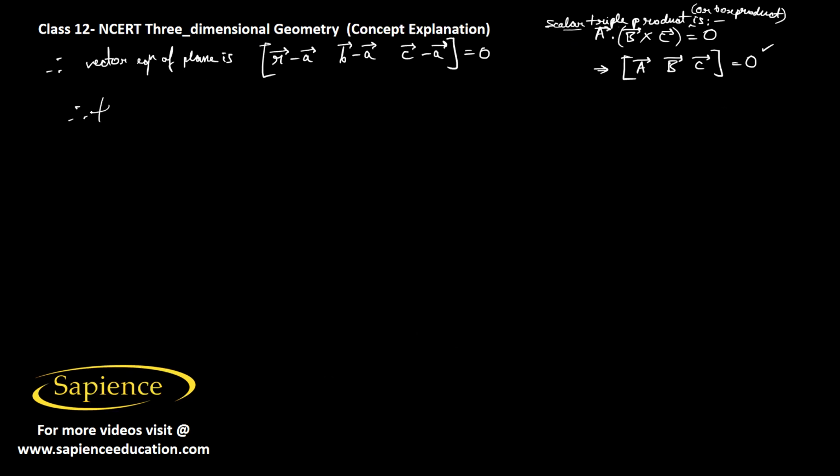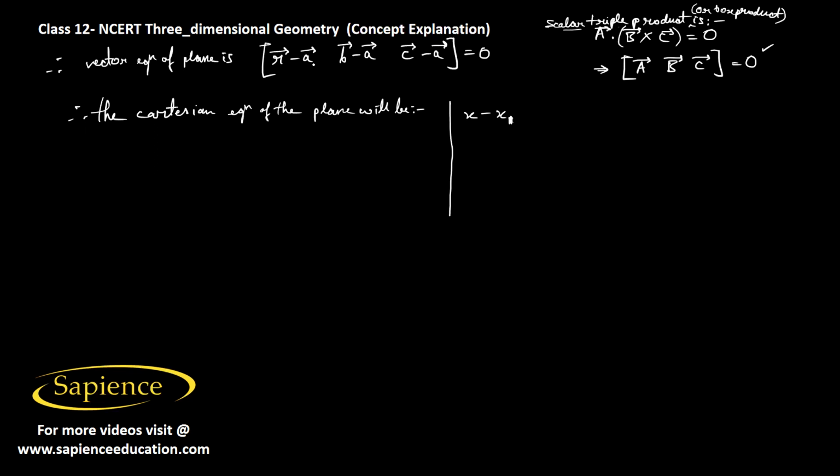So now the Cartesian equation of the plane will be equal to the determinant of r minus a, that is x minus x1, the components of that vector we write in the first row, and the components of b minus a we write in the second row, and the components of c minus a in the third row.